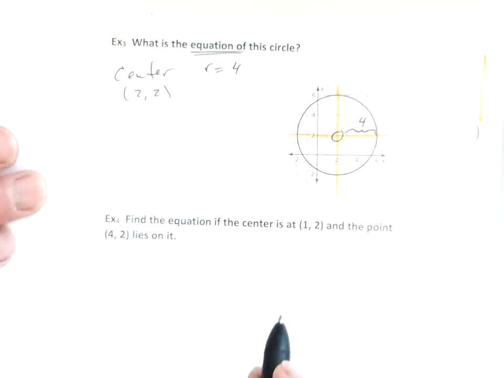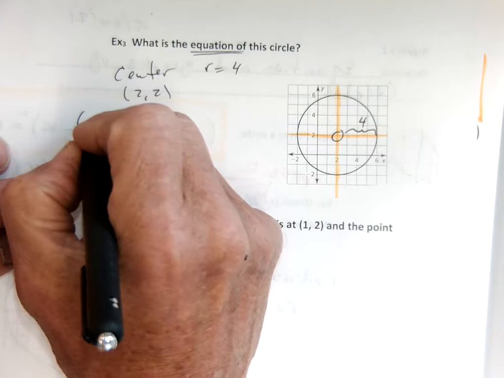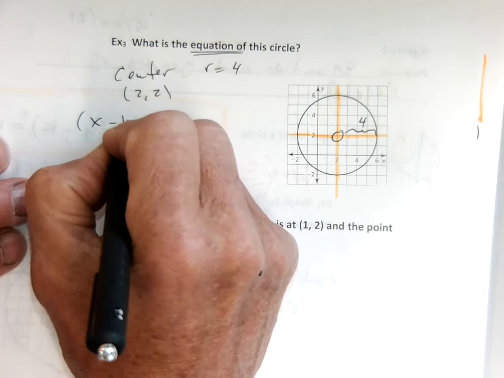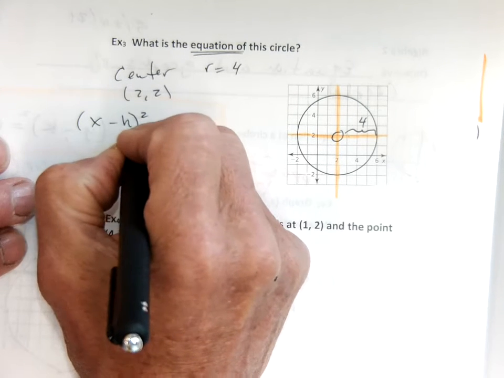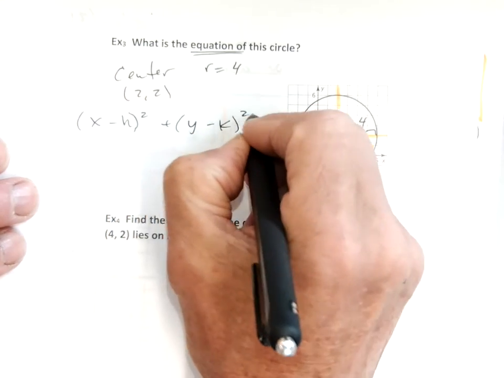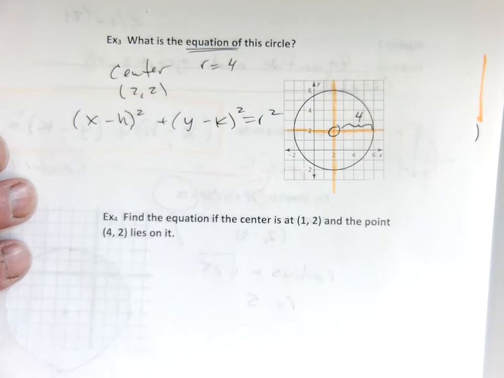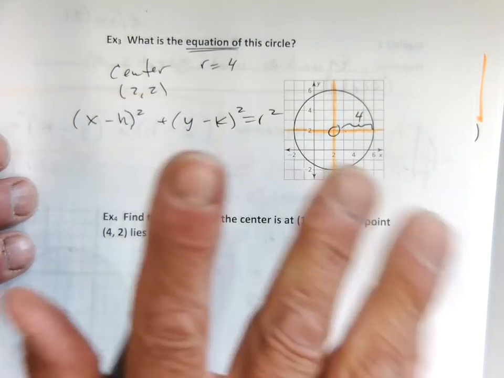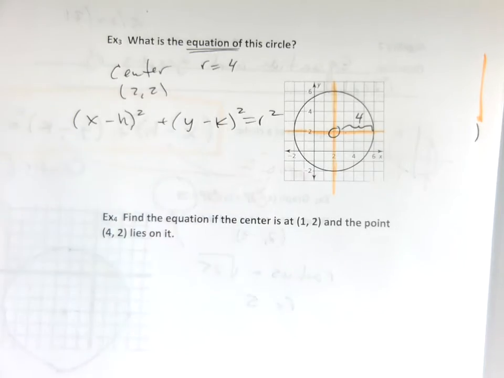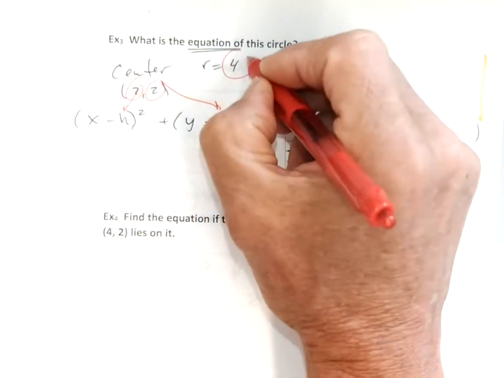Again, if I want the equation, I'm just going to use my equation formula, x minus h squared plus y minus k squared equals r squared, right? How am I doing? Pretty easy, right? And then I know h and k are 2 and 2, so I'll put the 2 there and this 2 there, and I'll put my 4 there.